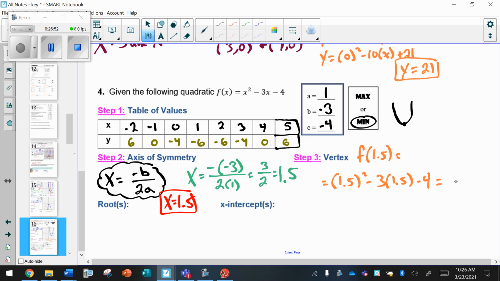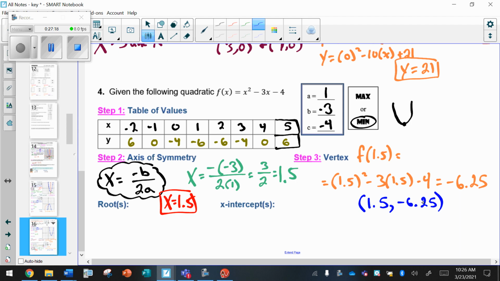When you're done, come back and I'll tell you if you did it right. This is going to give us a y value of negative 6.25, giving us a vertex for our parabola at an x value of positive 1.5 and the y value at negative 6.25.